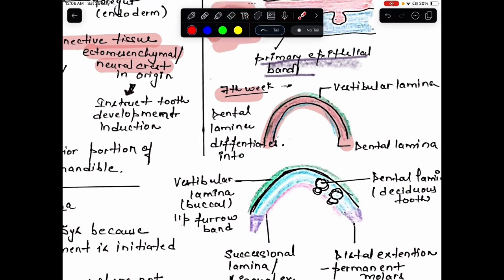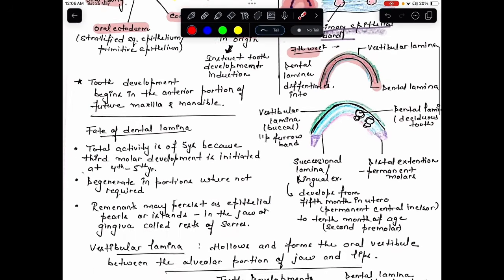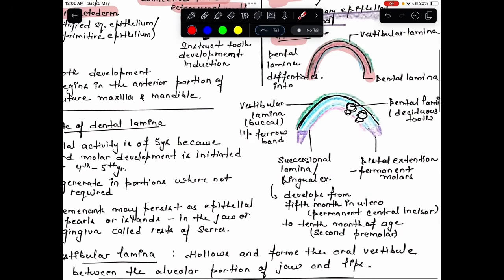Okay, now what happens is that after this differentiation, even the dental lamina, so if this is the dental lamina, I'll just erase this so you can see that the dental lamina was blue in the diagram, of course.